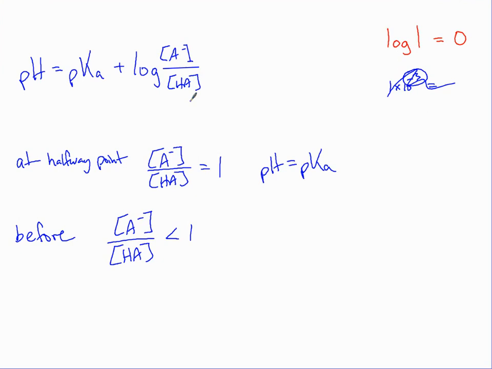Let's look at it like this. So I made up a number, I've got the log of 1/2. So it's minus something. Which one's bigger, the pH or the pKa? Very good.